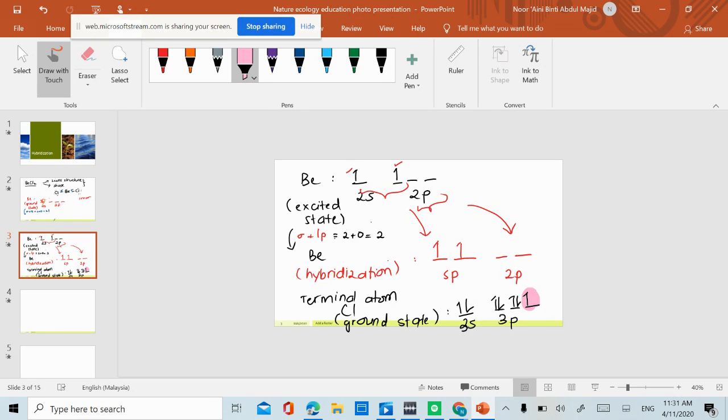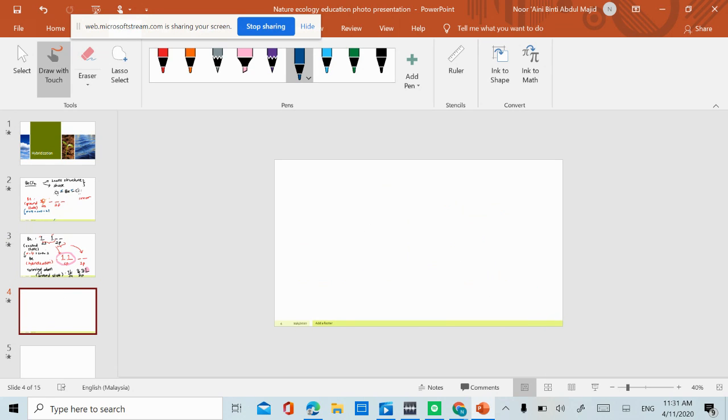Now let's sketch. We sketch beryllium first. Beryllium has sp. How many sp? 2. That means 2 hybrid orbitals for beryllium. And how does a hybrid orbital look like? One hybrid orbital looks like this.